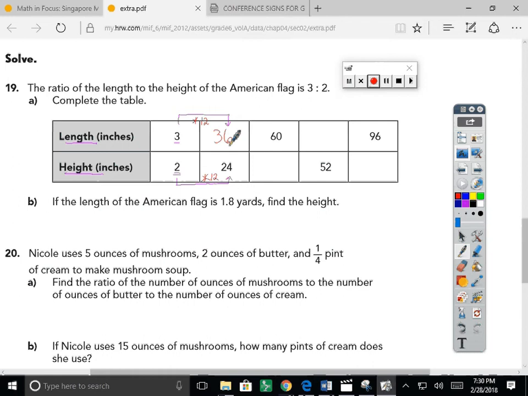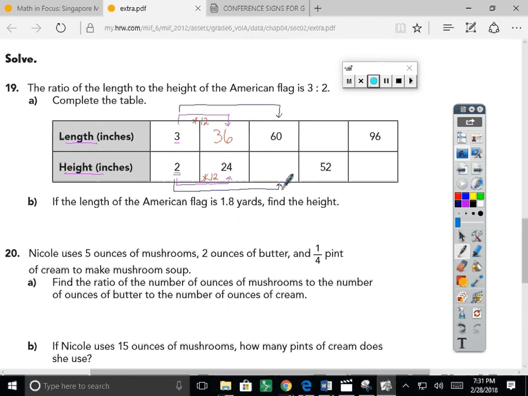We want to go again, but if you notice in the next column, they give me the length, but not the height. So they're really telling me, well, go back to the original length of 3. How would I go from 3 to 60? If I can figure out this rule in a minute, I'll be able to fix the height and go from 2 and figure out the unknown dimension.